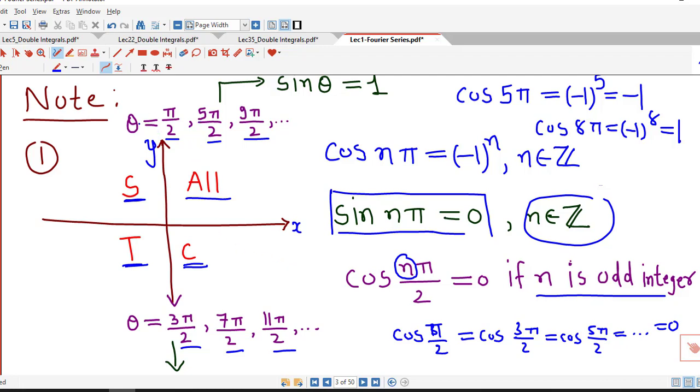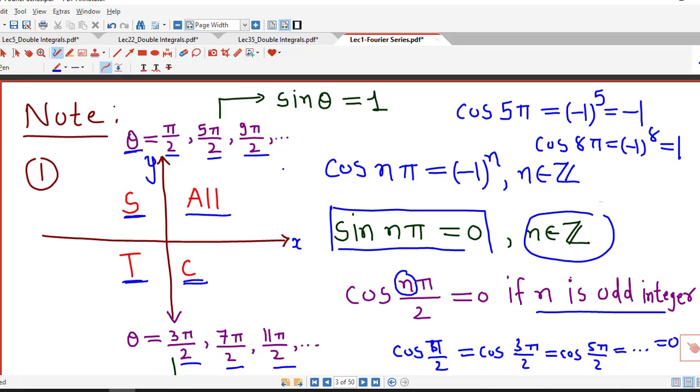Now suppose we consider these values of theta equal to π/2, 5π/2, 9π/2. We can see here there is a difference of 4. 5π/2 minus π/2, or we can say that 1 plus 4 gives 5π/2. 5 plus 4 gives 9π/2. Next will be 9 plus 4, that is 13π/2, and so on. At all these values of theta, the value of the sine function is 1.